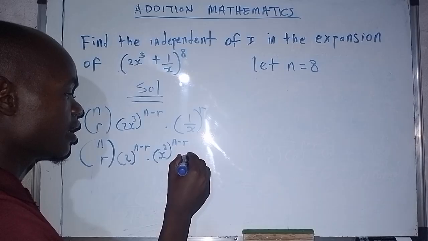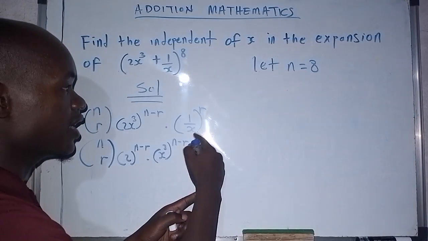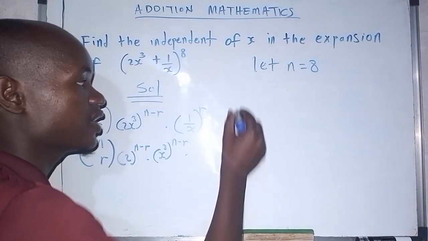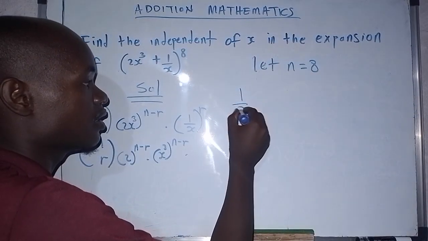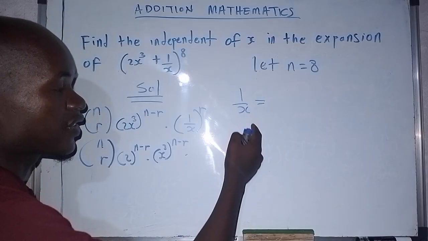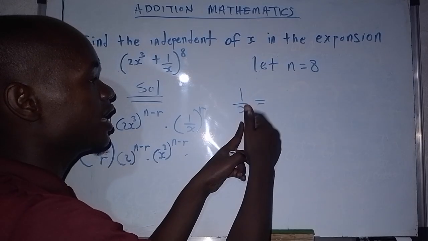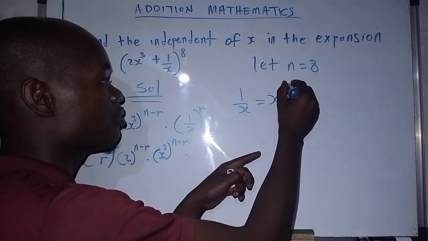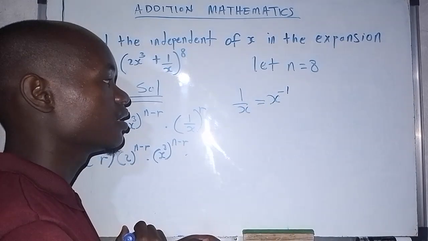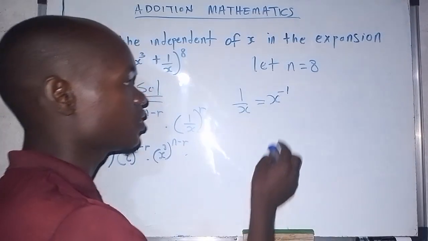Now from here, I want you to pay attention. We have 1 over x. This is where the laws of indices will start getting applied. If you have 1 over x, according to the laws of indices, 1/x is the same as x^(-1), provided x is not equal to 0.